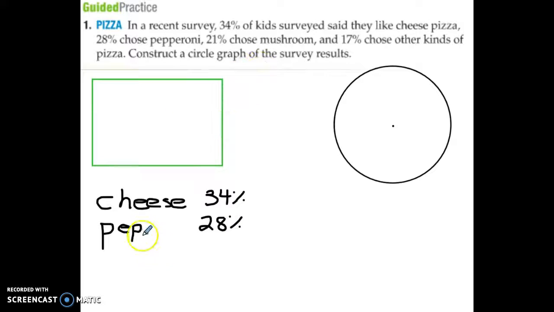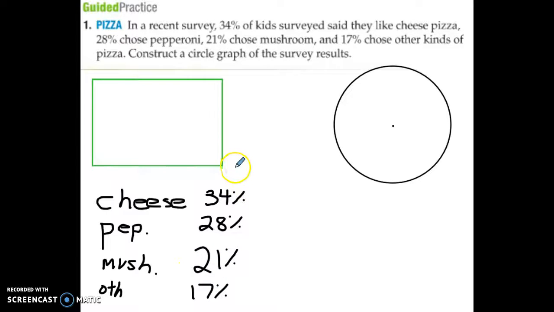And 21 is mushroom. That's pretty high for mushroom. I like mushrooms, but not many people do, I guess. And 17% chose other. Okay, sausage, Canadian bacon, whatever. Other is 17%. So I need to turn these into degrees so I can make an actual circle graph.